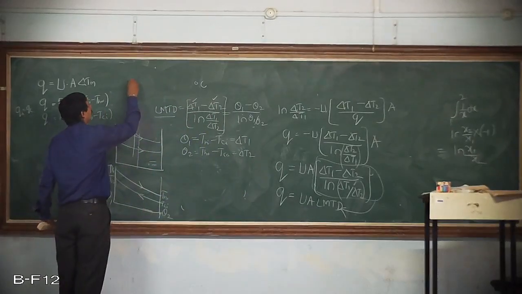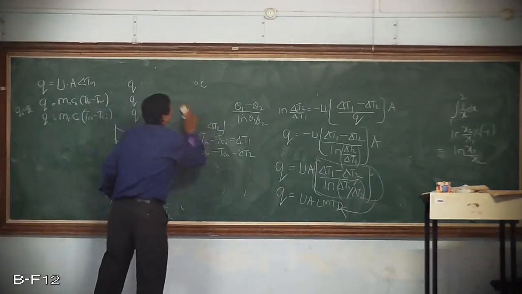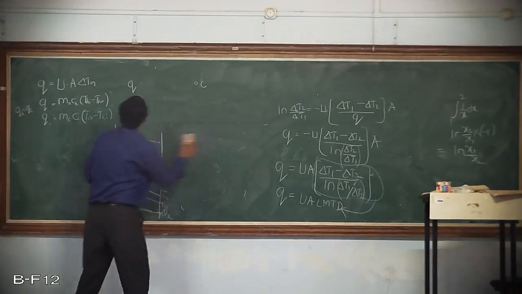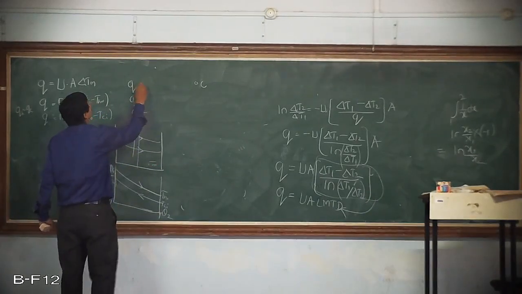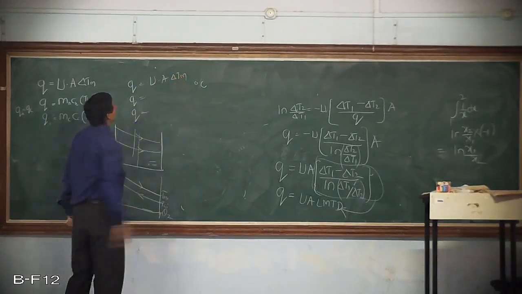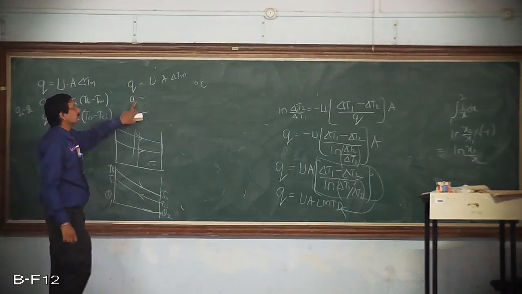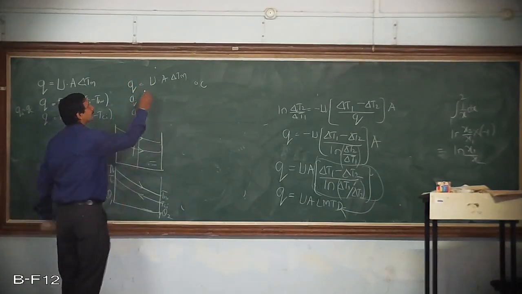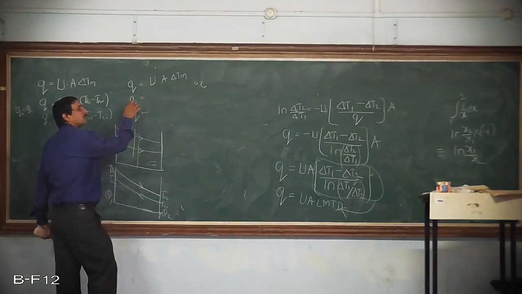So when you talk about the Q, it will surely be UA delta Tm or LMTD. It won't change.